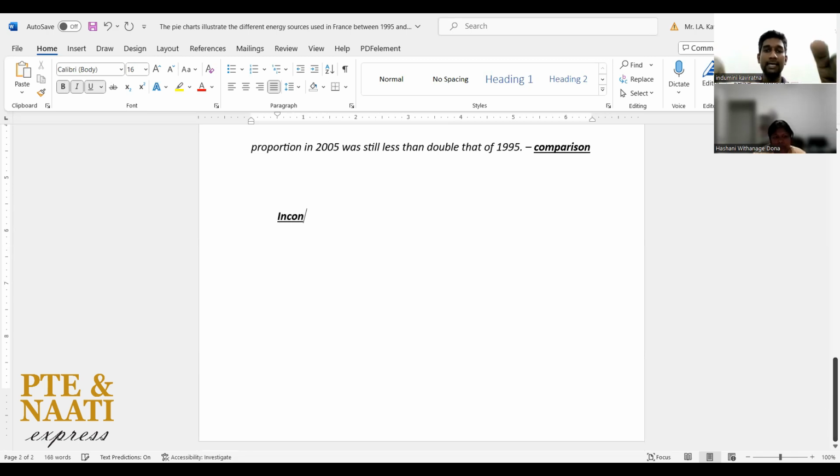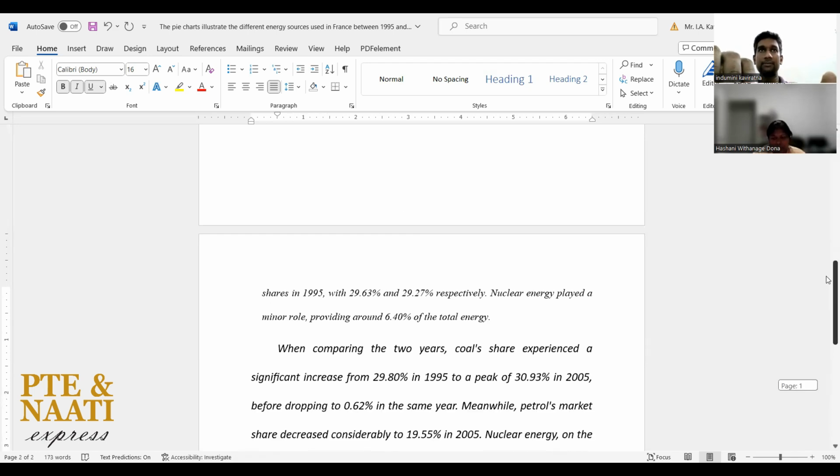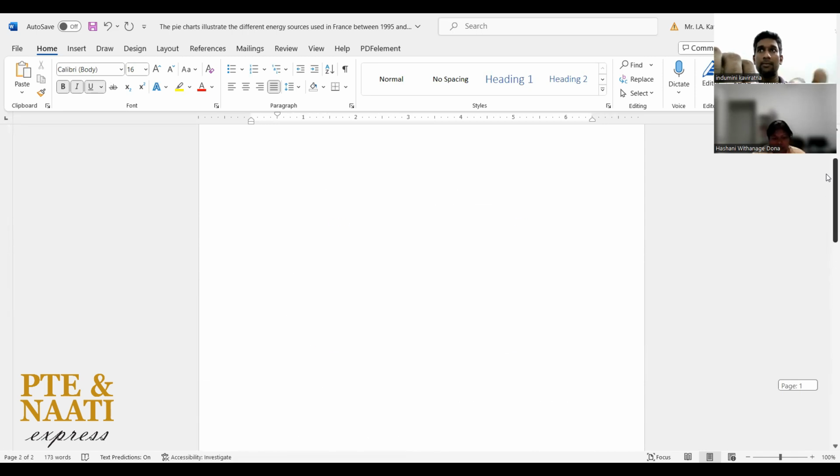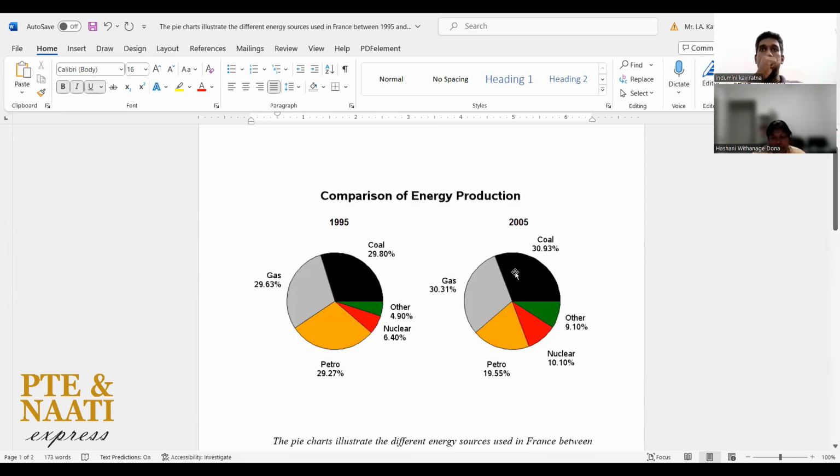Something like this. In conclusion, we can see that, what was the largest one? Yes, coal remained as the largest one.